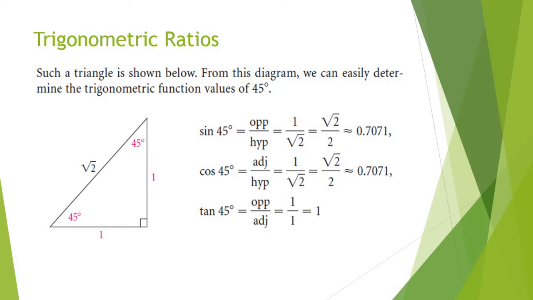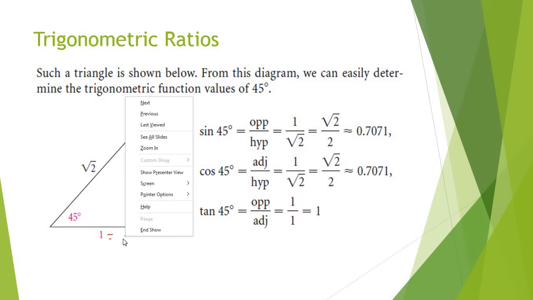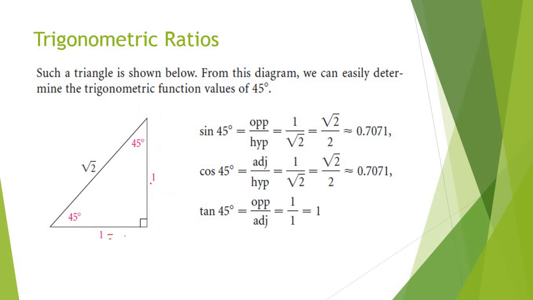As I've said, if you have a 45 degree angle, most probably your lengths are equal. So the adjacent and the opposite are equal. That means you're having a 1 by 1 side length of your triangle, and therefore your hypotenuse will be square root of 2.